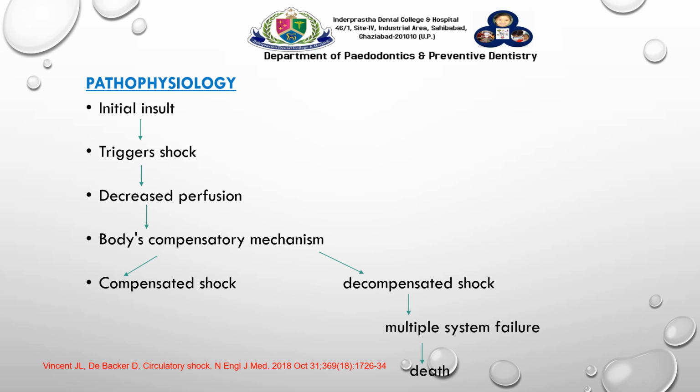If the body's compensatory mechanism is effective enough to compensate for the shock, then normal signs and symptoms can be seen in the person. But when the body fails to compensate for the shock or the oxygen demand because of the insult, the body gives rise to decompensated shock. If not treated, it leads to multiple systemic failure and ultimately to the death of the person.